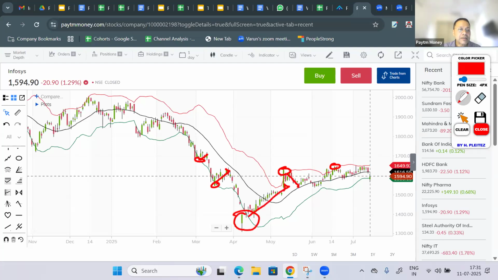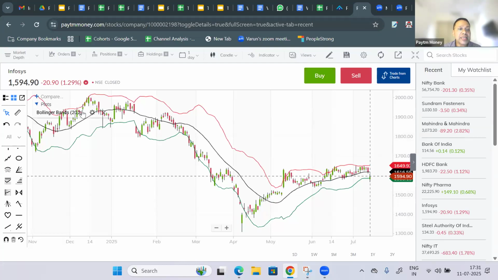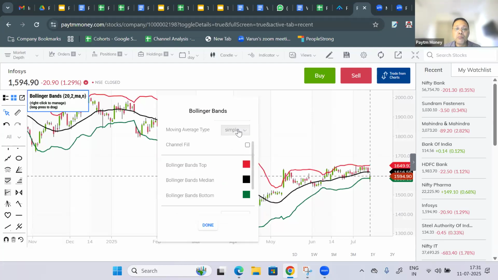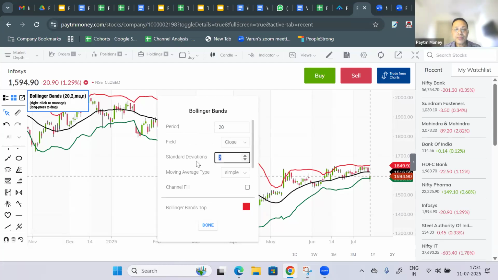The moment price goes beyond, the probability of reversal goes up. Now it becomes very high. Okay. So now if we make the standard deviation even higher, say 3.